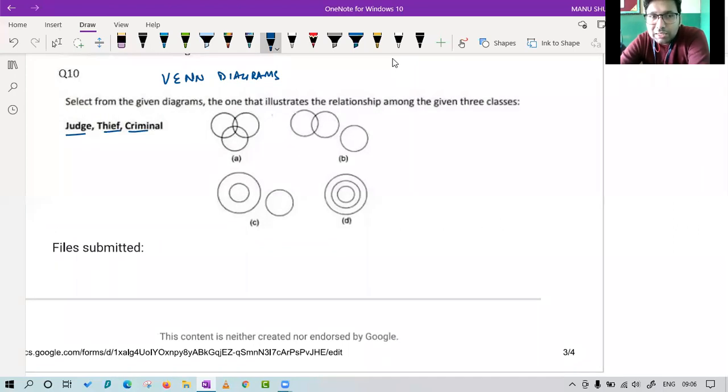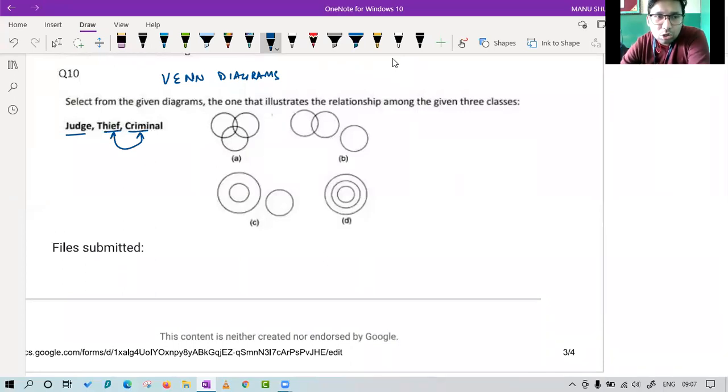First, tell me, thief, judge, and criminal. Amongst these three, who is related? Sir, C is the answer because criminal only and judge apart from them. Okay. So, class, if you see, thief and criminal are linked.